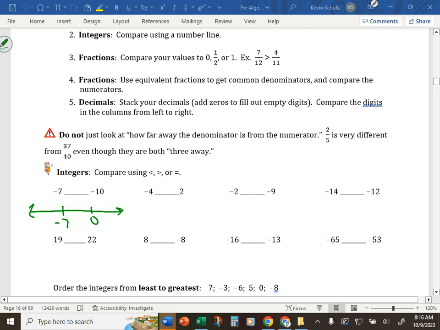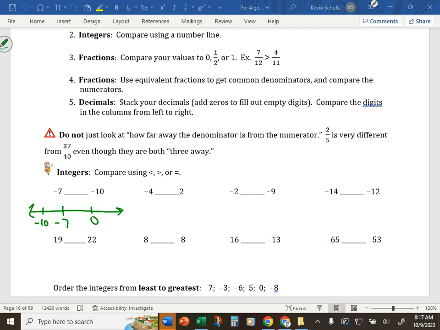You don't have to write out every number along the way, unless you need to, okay? And then would -10 be on the right side of -7 or the left side of -7? The left side. Okay, because as you get further away from 0, just like on the positive side, you get to 7 before you get to 10. On the negative side, you get to -7 before you get to -10.